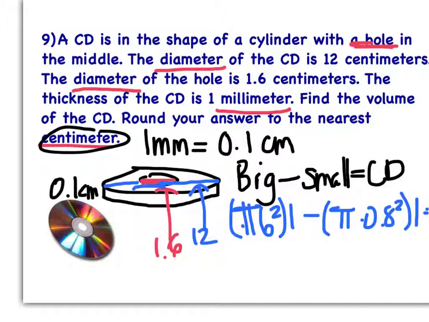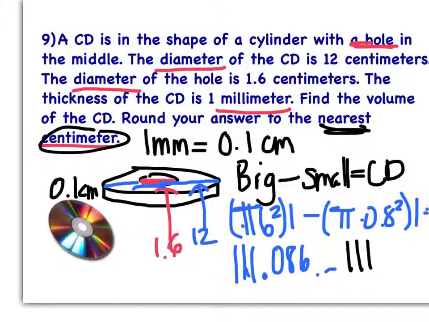And our grand total is... Geniuses, 111.086, blah, blah, blah. Why is that not my answer? Correct. It says round to the nearest centimeter, so it wants basically a whole number. So we're going to get 111 centimeters. Circle that for me.